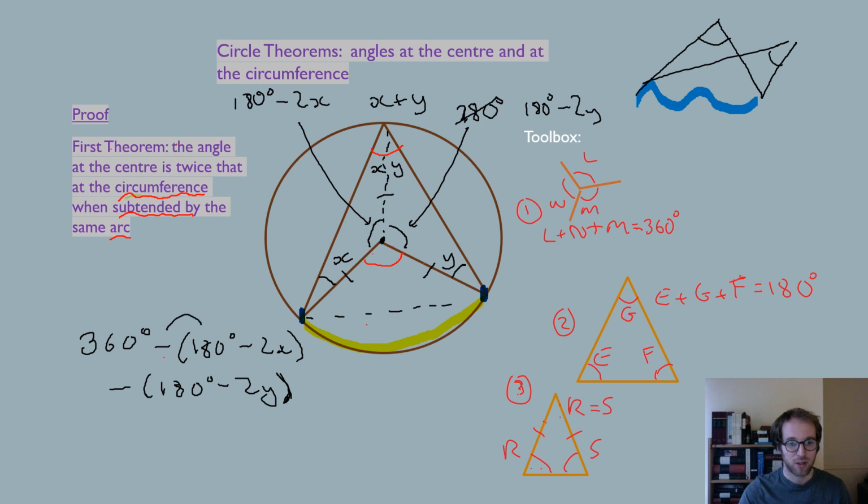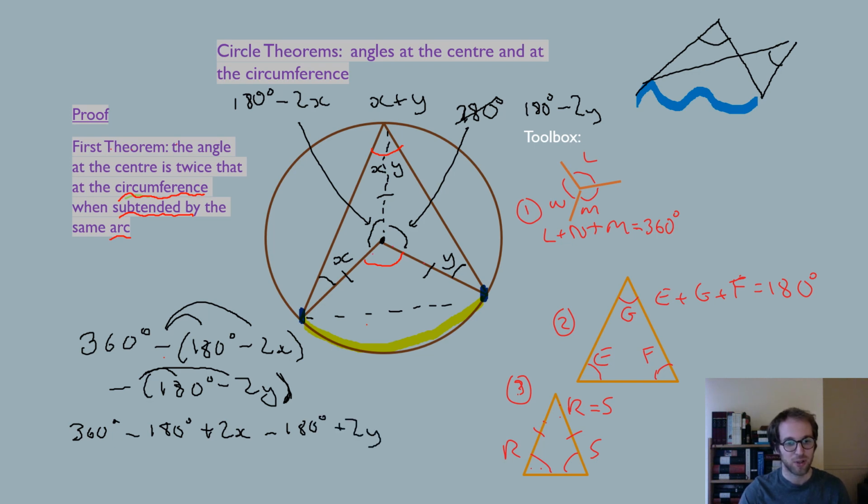Now it's just algebra, so I just expand my brackets like so, and what we then get is 360 minus 180 degrees plus 2x minus 180 degrees plus 2y.